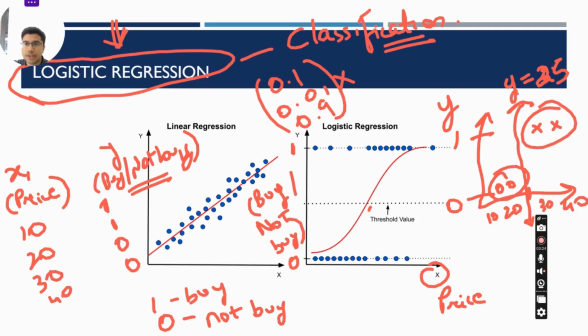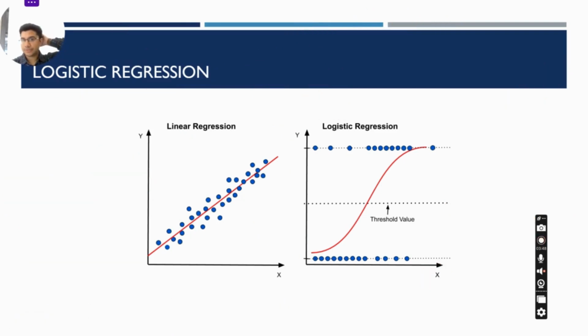This is the separator of the two classes. This is the class not buy and this is the class buy. Our purpose is to learn this decision boundary. This is the use of logistic regression: to create a classification.